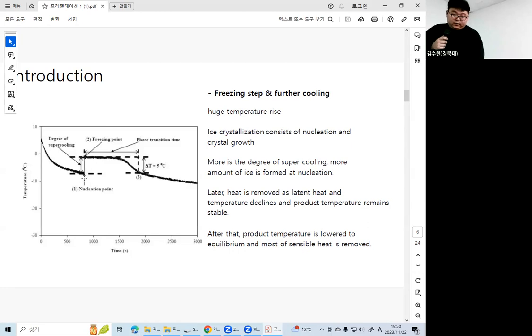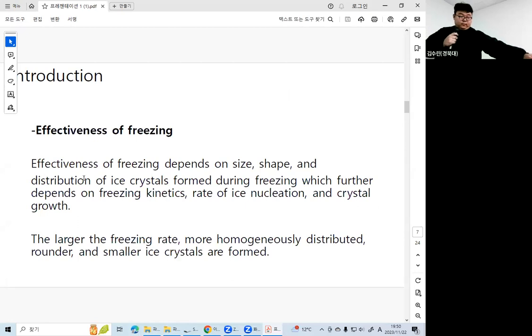After that, the product temperature is lowered to equilibrium, and the most sensible heat is removed. And this is the effectiveness of freezing.